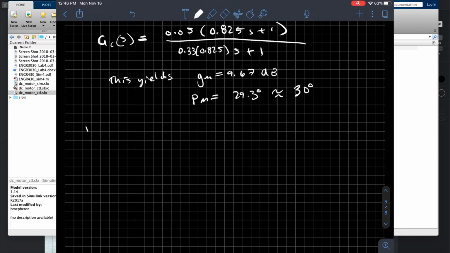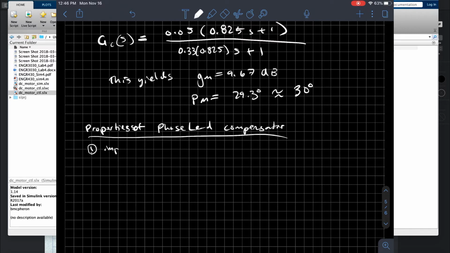So let's look at a couple important properties of a phase lead compensator. The first important property is that it improves the transient response. If I look at the compensator, what I should identify is that I'm going to get a 0, which is located pretty close to the j omega axis. And so the 0 is dominating. It sort of looks like the derivative part of a PID controller.